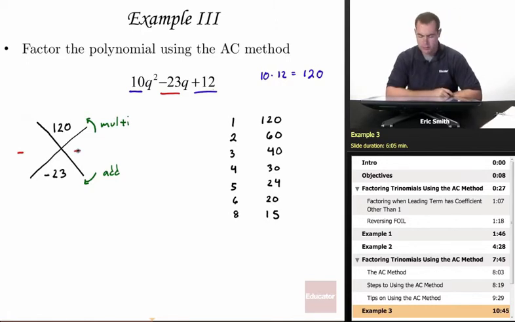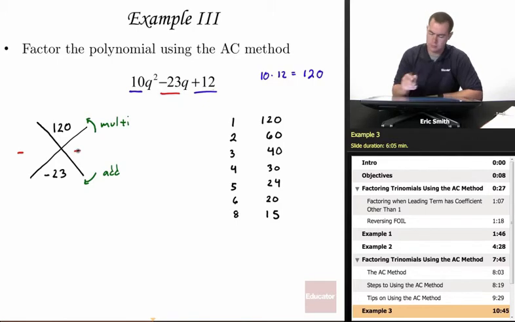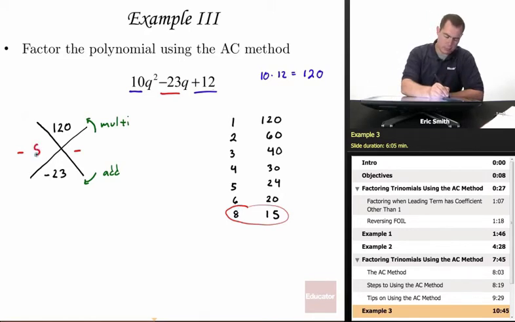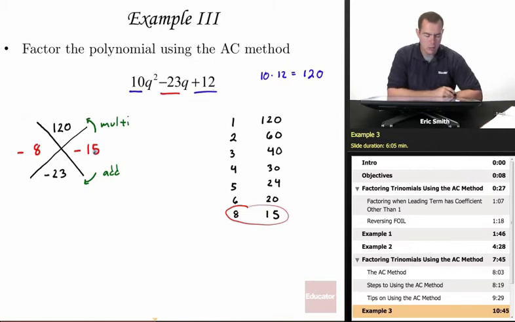So let's see if we can pick two things off this list that will give us a negative 23 when added together. I think that's going to be the last two, 8 and 15. Notice how those will multiply, a negative times a negative, to give us that positive 120, and they definitely add to be a negative 23. So those are the two numbers we want.